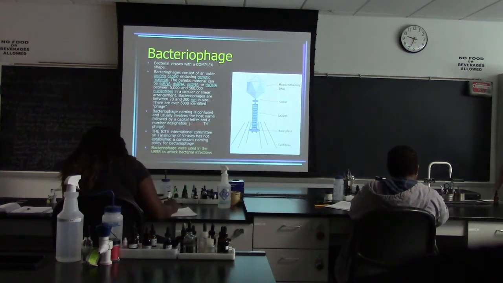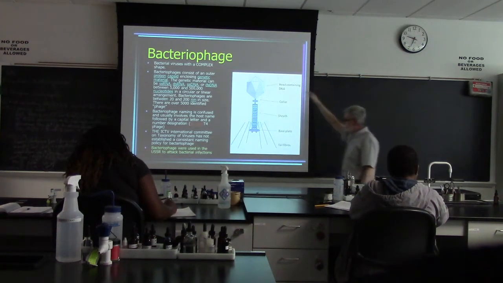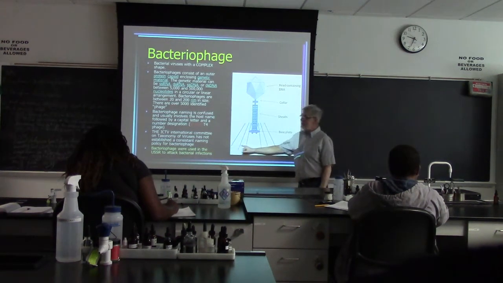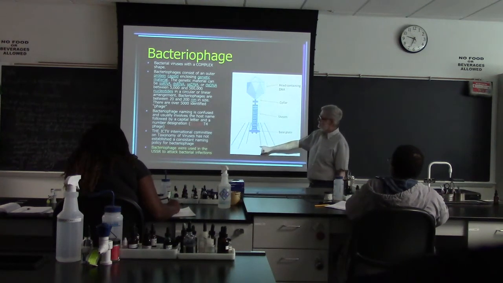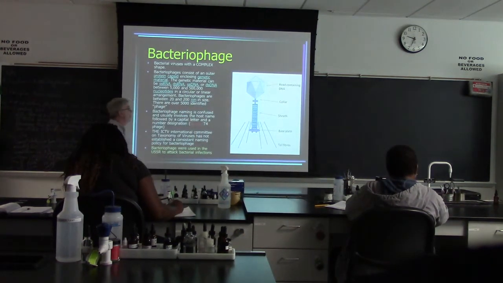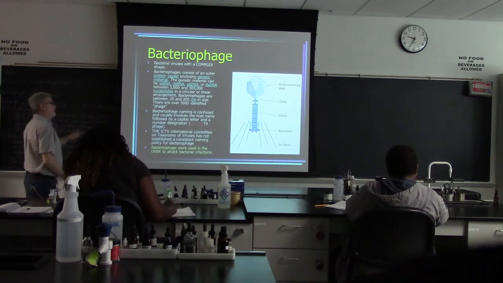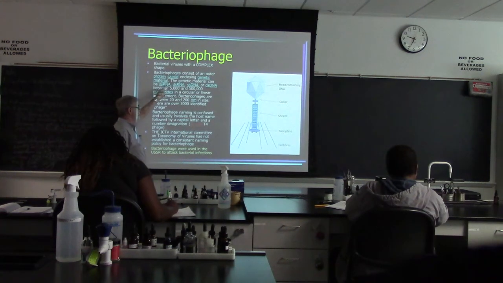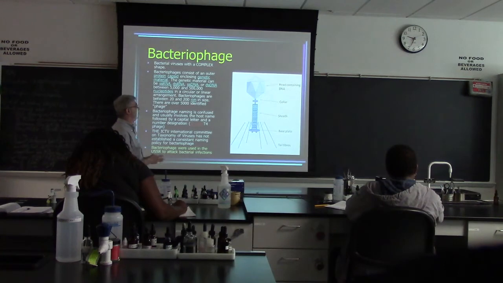Okay, remember bacteriophages? This is the way they look. These tail fibers are how they attach to species, and they are all DNA. It says here that they can be single-stranded RNA, but so far as we know there's only been one or two, and that's not super confirmed.